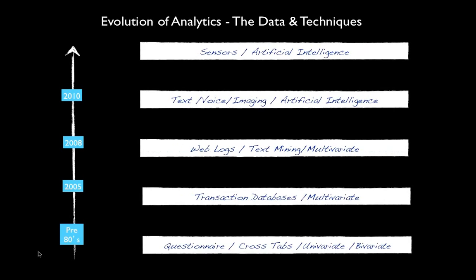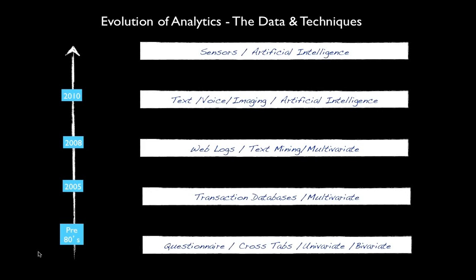What are the techniques which are going to be used? In survey, it was primarily questionnaires, and the techniques used were crosstabs, univariate analytics, bivariate analytics. In transaction data, the realms of multivariate analytics using the n-dimensional plane and concepts such as regression and clustering models came into play.